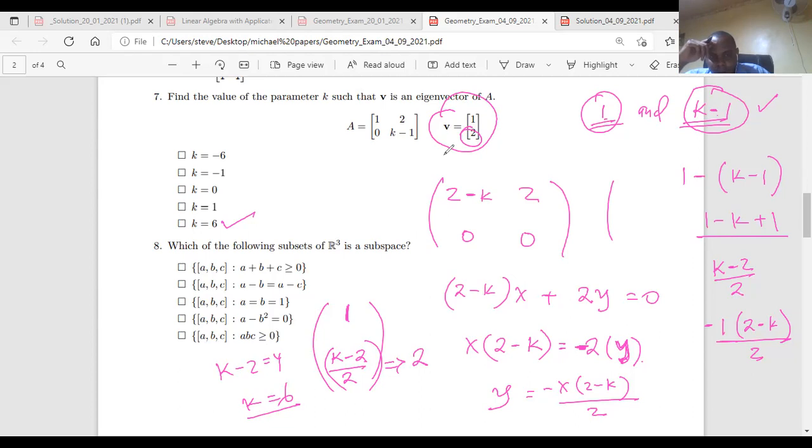Do you remember how to check a subspace? Can you confirm whether question 7 is right? Question 7. Yes, it's correct. Okay. So which of the following subsets of R3 is a subspace? How do you check a subspace?